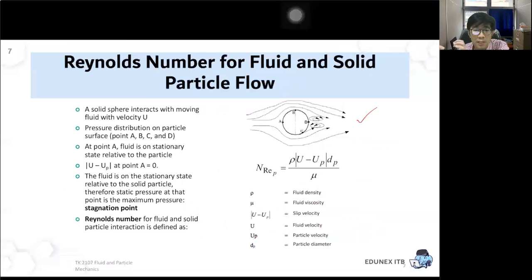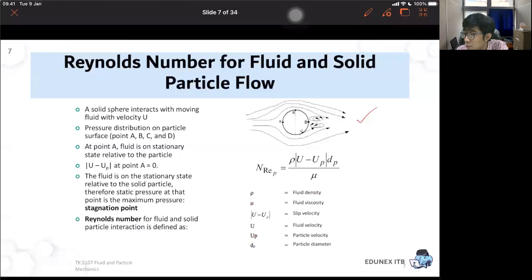Okay, so the figure you can see from this one: if you have a solid in sphere form, and you have liquid flowing around the solid, you can represent the fluid pattern like this. This one is the smooth continuous one.